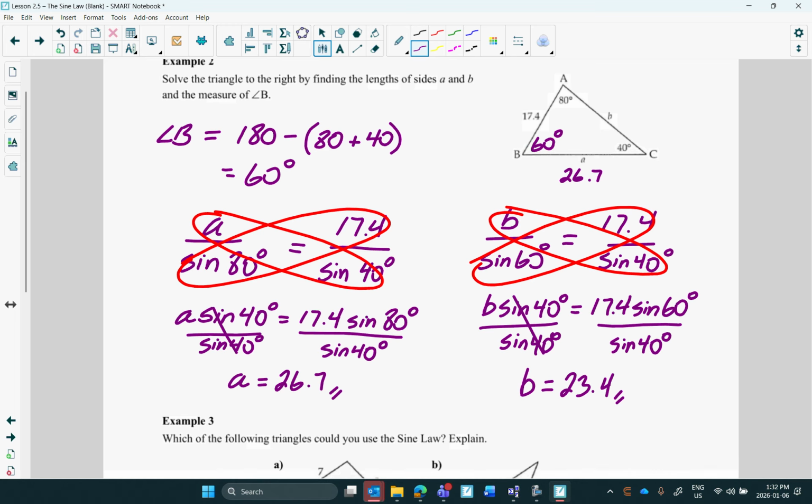So like I said, we use sine law when you know a side and the angle opposite. For this example, we're not going to actually find anything. You're just going to tell me whether you can use sine law. As long as you know a side and its angle opposite, you can use sine law to find the other stuff. How about the first one? Yes, because I know this.